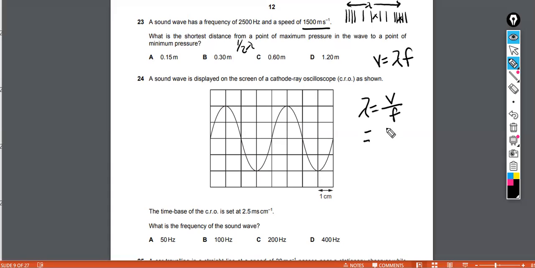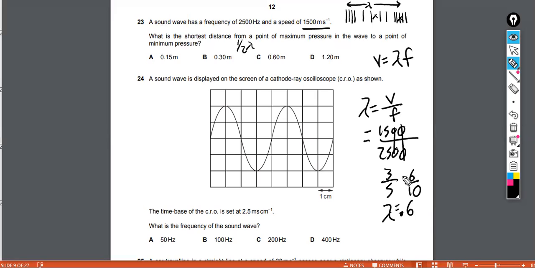Well, not really. Maybe 1,500 meters per second divided by the frequency up there, 2,500. 1,500 divided by 2,500 is the same thing as 15 divided by 25, which is the same thing as 3 divided by 5, which is 0.6. Okay, that is the wavelength.